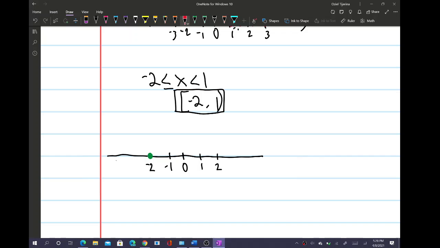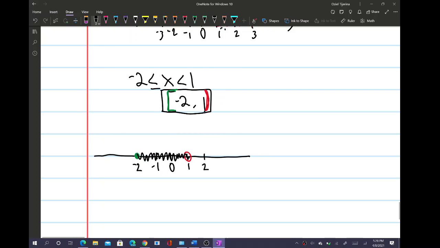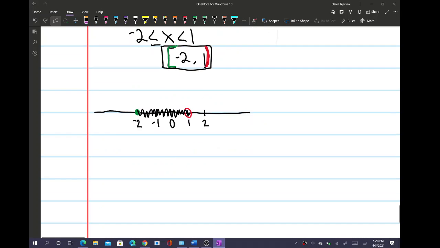And then we have, so just color code it. And then we have a parentheses at 1, right? Open dot. So then we're just going to go ahead and shade in between. Now, it doesn't have to be color-coded, because honestly, it would just be the same thing.